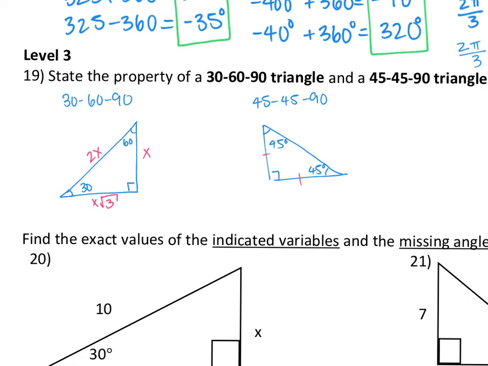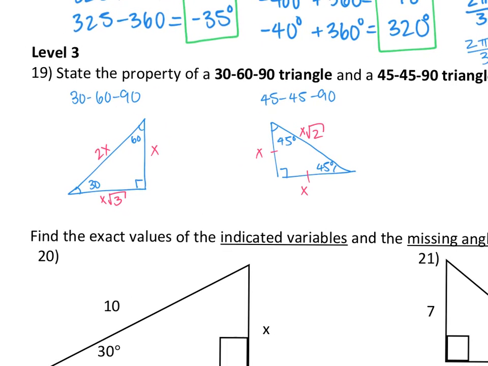So this length is the same as that length, so they're both x's. And then the hypotenuse here is going to be x times the square root of 2. And then that is it. So hopefully that helps you identify which side is which. So in this case, if you know it's a 45-degree angle, that means both sides are equivalent, and the hypotenuse needs to be whatever that value is times square root of 2.